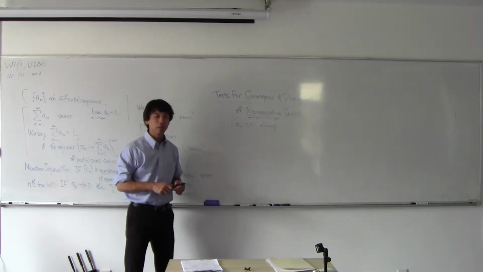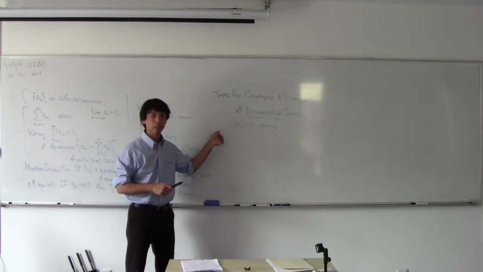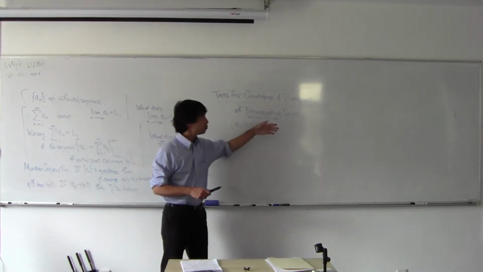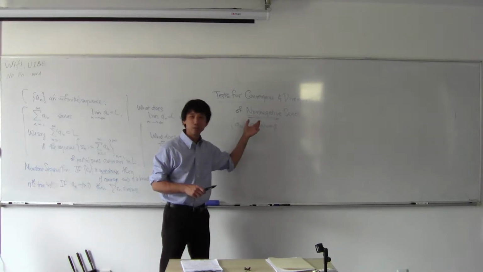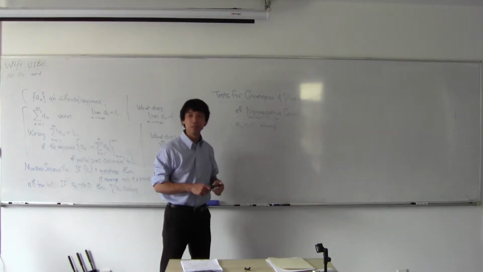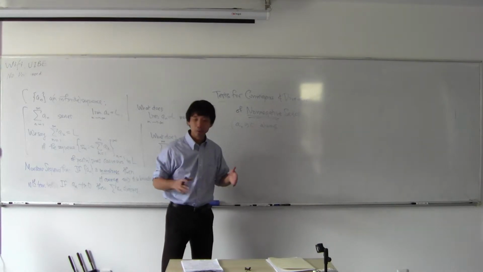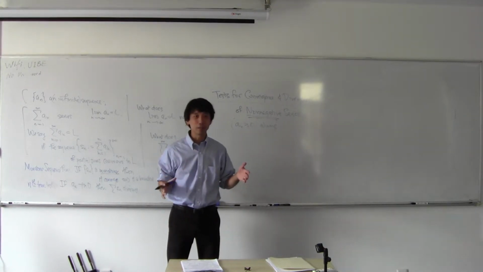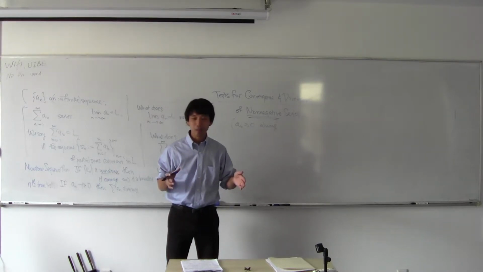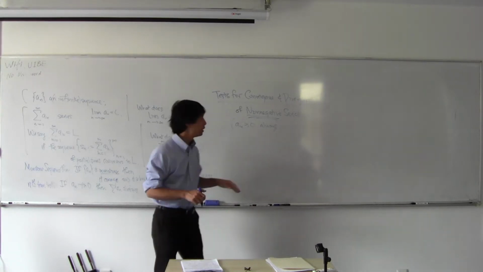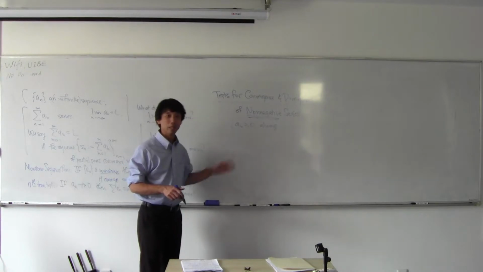How come we don't care about series with negative numbers? We'll have some things to do with them later. But it turns out that most of what we want to do is with non-negative series anyway. When we get to the infinite polynomials, it'll turn out that what we want to deal with are non-negative series anyway.